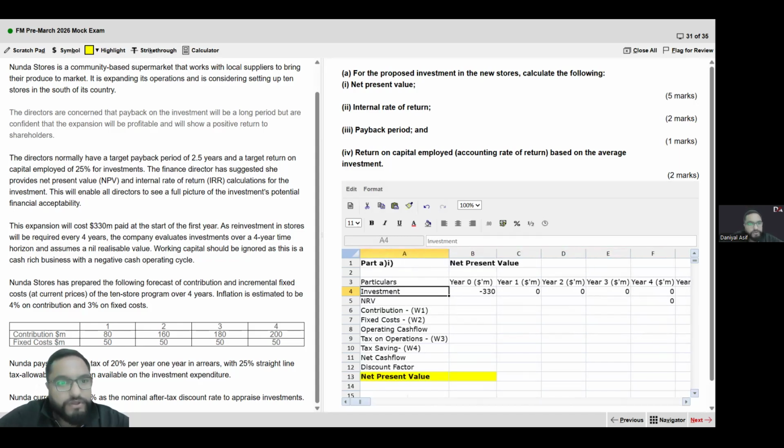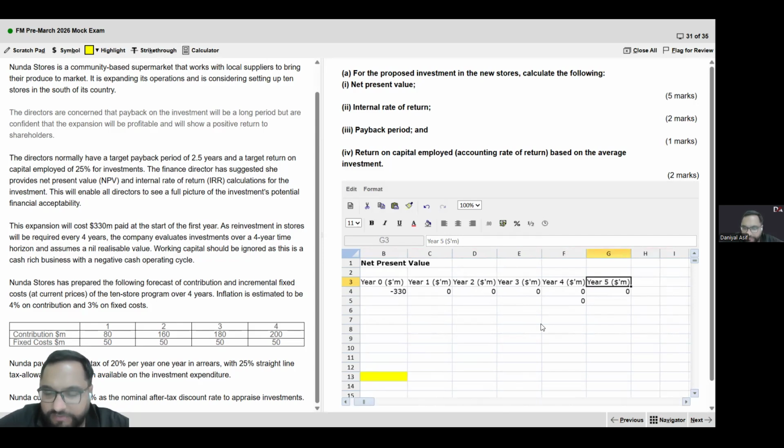Now you can see that the project is for 4 years. As reinvestment in stores will be required every 4 years, the company evaluates investment over a 4-year time horizon. But I have made my format for year 0 till year 5. Why is that so?